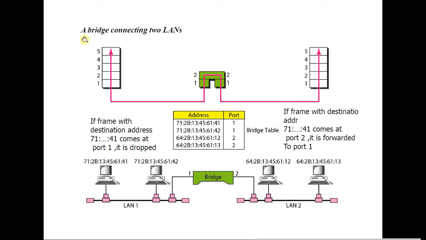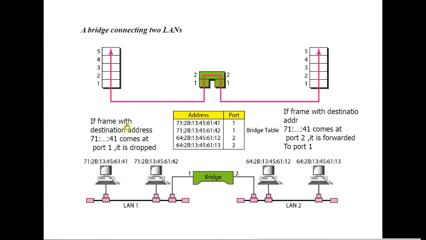Now in this example, a bridge connects 2 LANs. Suppose there are 4 stations: 2 stations are connected on LAN 1 and another 2 nodes are connected on LAN 2, and the bridge connects these 2 LAN segments. Port 1 is used to connect LAN 1 and port 2 is used to connect LAN 2.